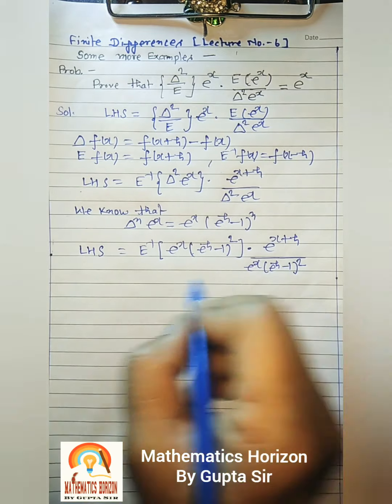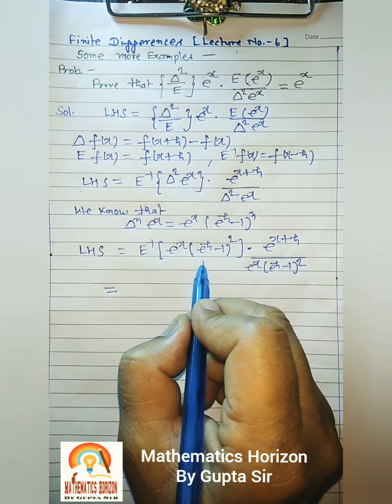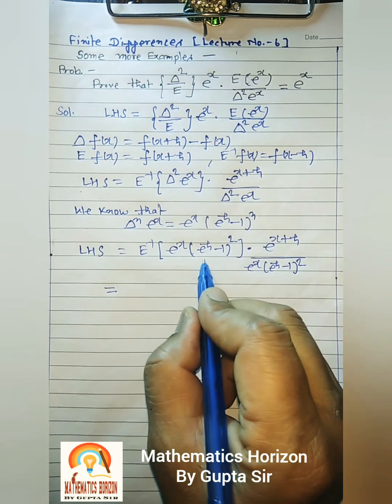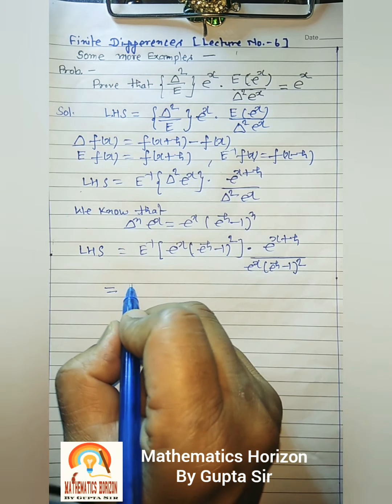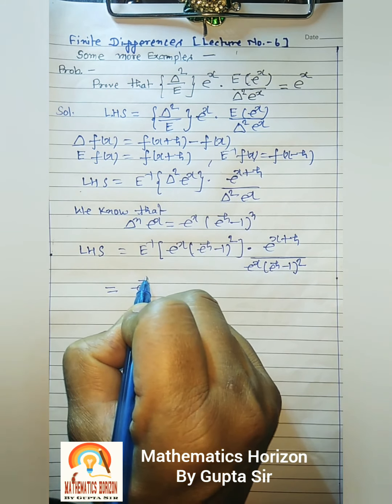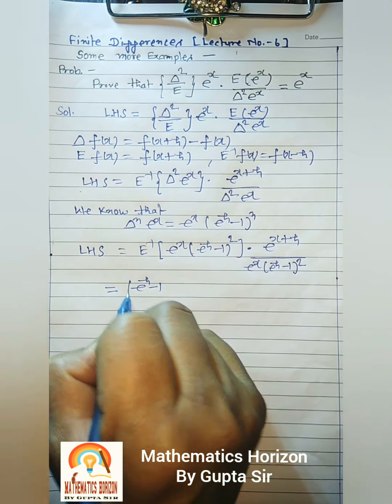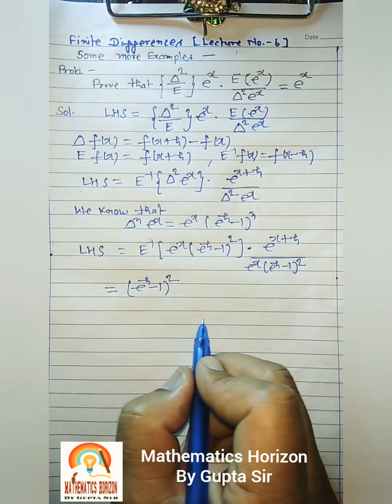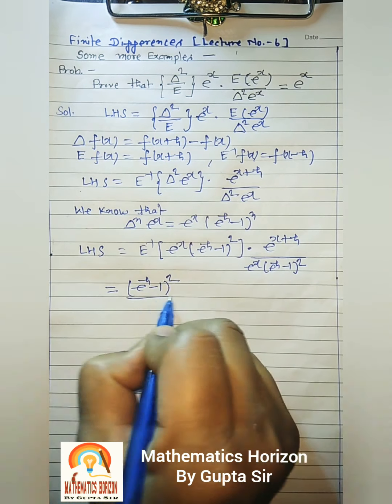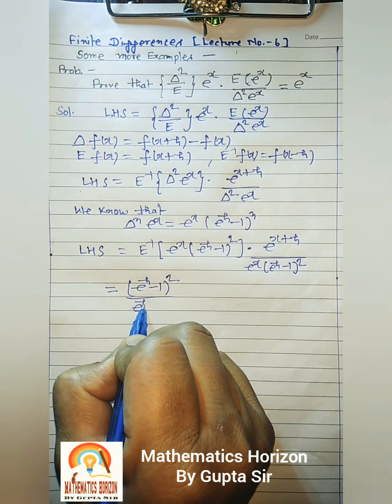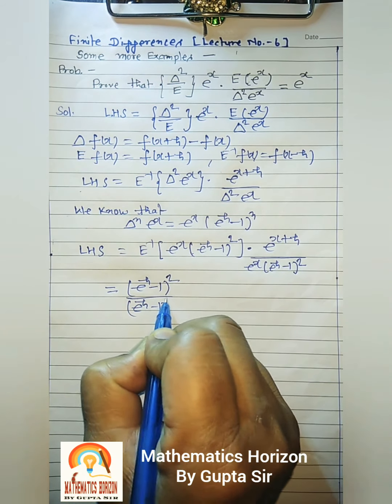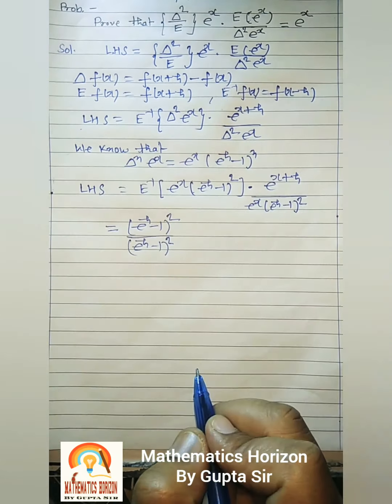Now we apply the property of shift operator, that is here (e^h - 1) whole square is the common term. (e^h - 1) whole square is the constant term, and here also (e^h - 1) whole square is a constant term.